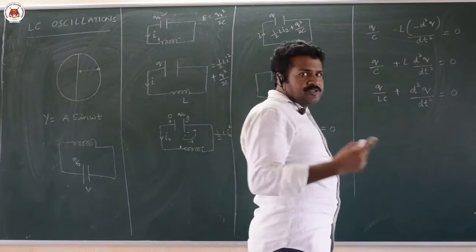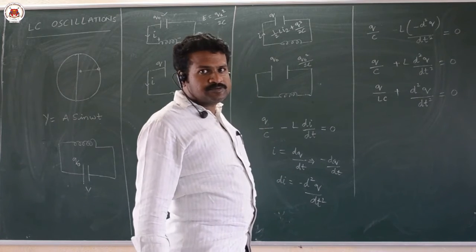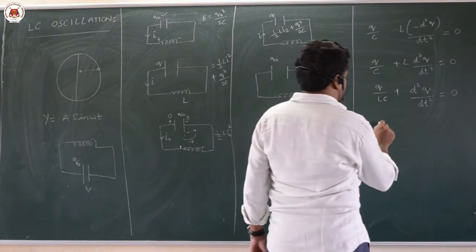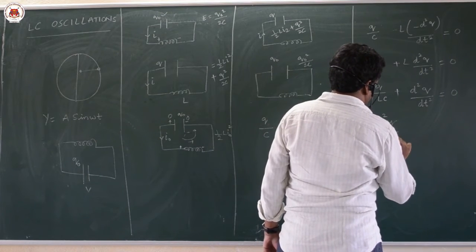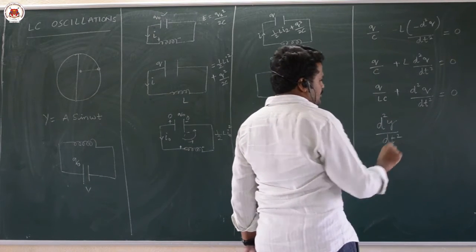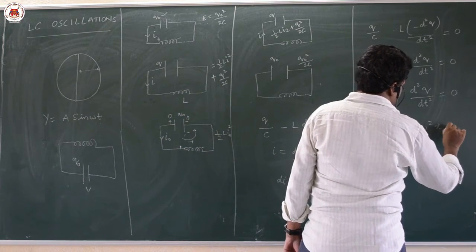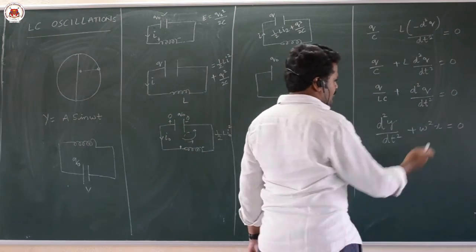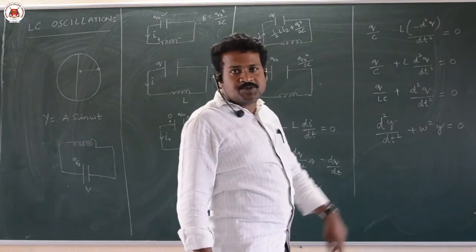This you can compare with simple harmonic motion. In simple harmonic motion, there is one formula, d square y by dt square plus omega square y is equal to 0. This is the equation of simple harmonic motion.